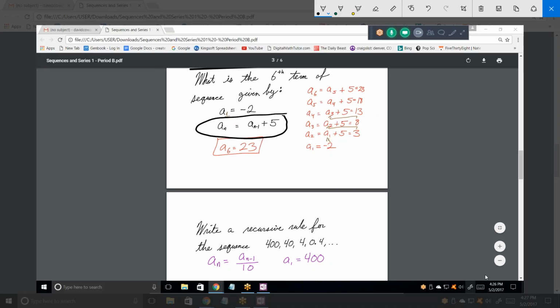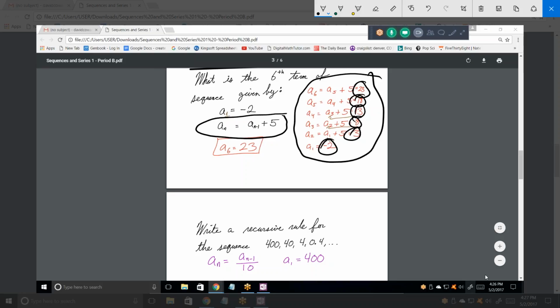So the recursive formula is not terribly helpful when you get the first term, because you have to do those 5 or 6 steps. In other words, that gives you the first term, second term, third term, fourth term, fifth term, sixth term. I've got to go through all that math to get it. Had they just given me the a sub n formula, I could do it in one step.